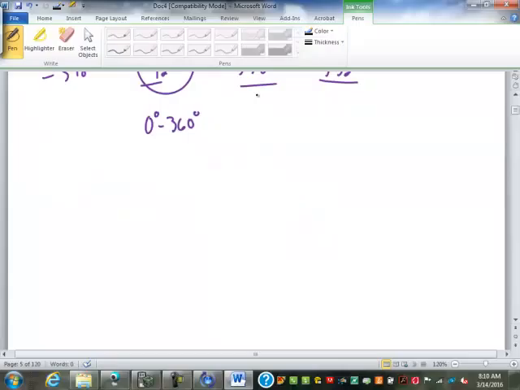And don't forget, we now know radians. That look familiar? Pi over 6 radians.